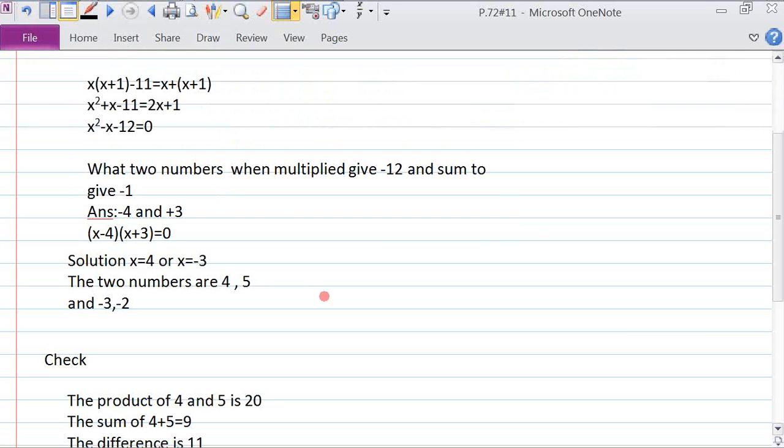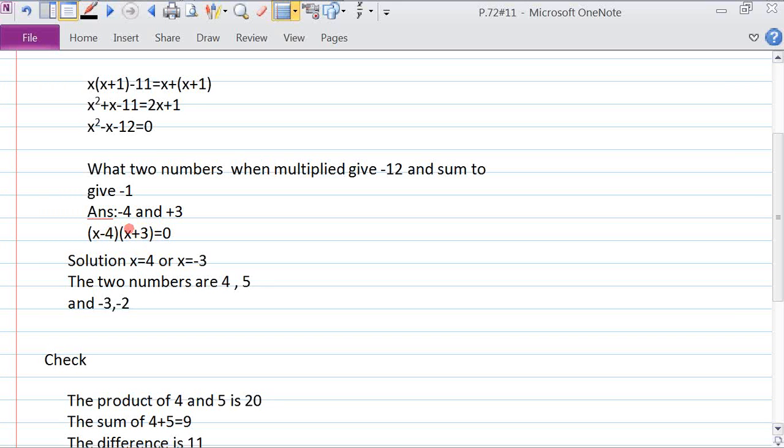So what two numbers when multiplied give minus 12 and sum to give minus 1? The answer is minus 4 and plus 3. We have minus 4 plus 3.